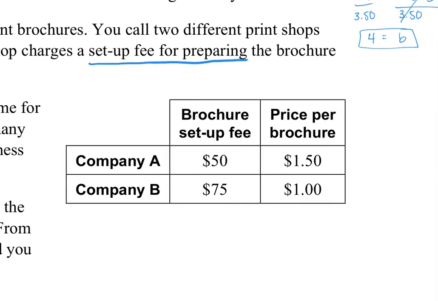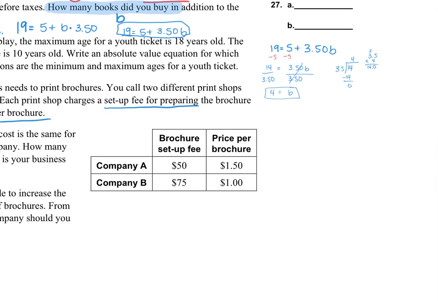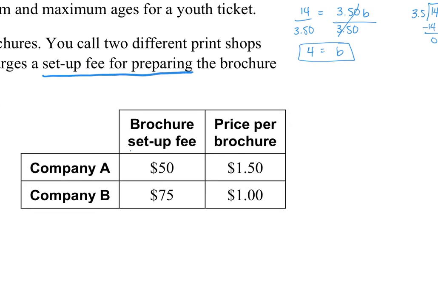So company A, we're going to set up over here on the left. It says the setup fee. That is a one-time fee. It happens once, it doesn't happen again. So this 50 is going to be used once, and then we're adding however many brochures we have times the 1.5.